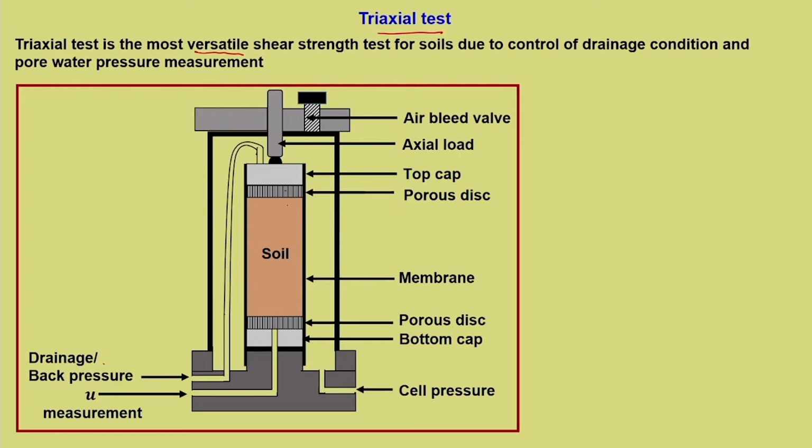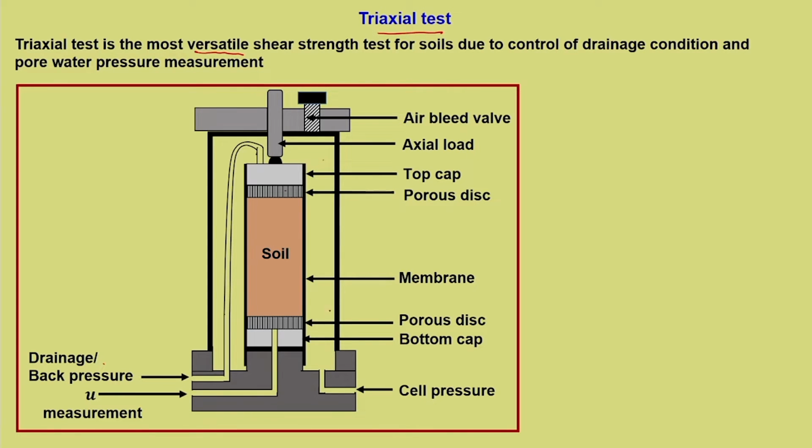Then the soil is housed inside a membrane, so that the soil is not able to interact with the water outside, because cell pressure is delegated, there will be water within this chamber. This is the ram through which the axial load is delegated to the sample, and there is an air bleed valve in order to allow the air to escape from this water.